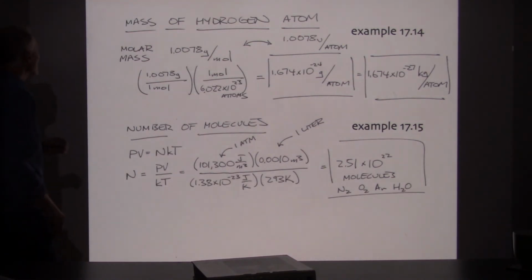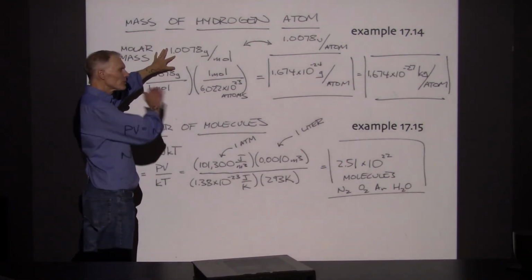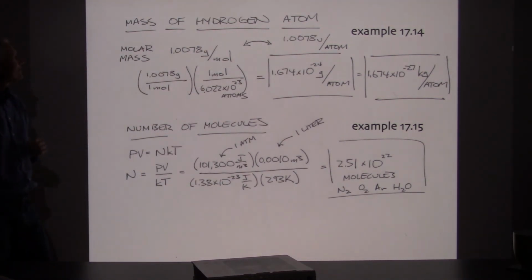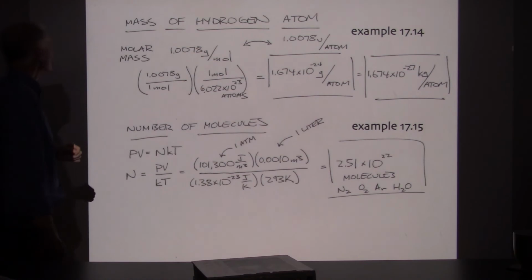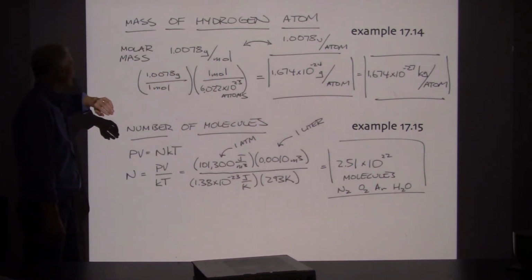So it turns out that the molar mass of hydrogen 1, so I'm just going to look at one isotope, has a molar mass of 1.0078. I'd better have this right. I'm going to have to go back and check. That is looking like maybe it came off the average from the periodic table, and if it is, I've got to go back and change it.